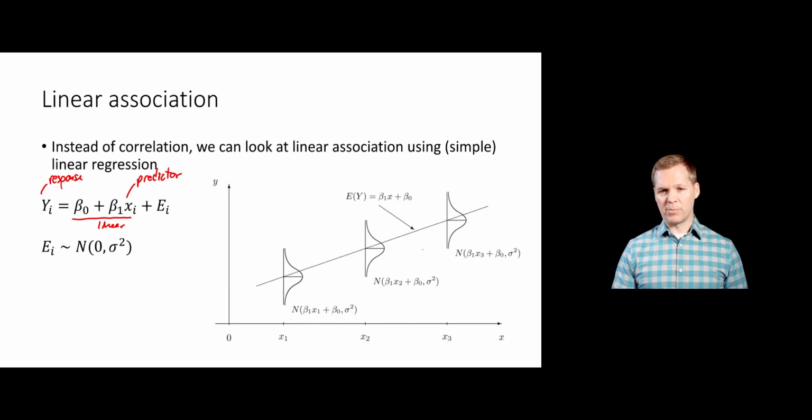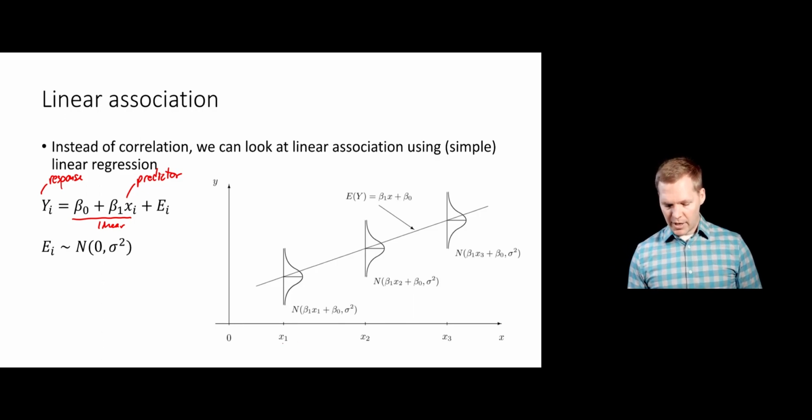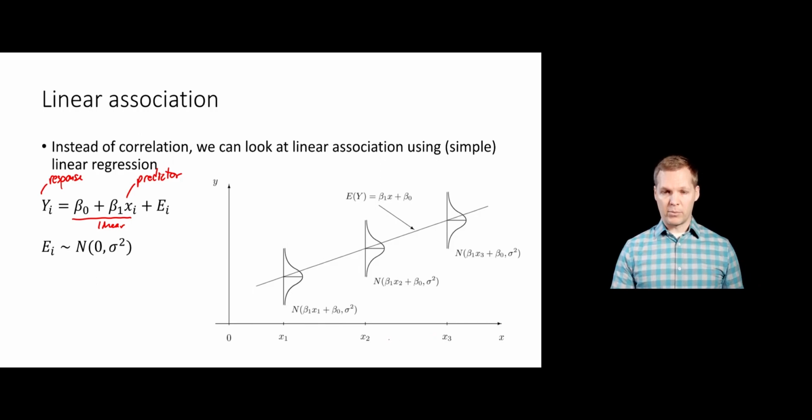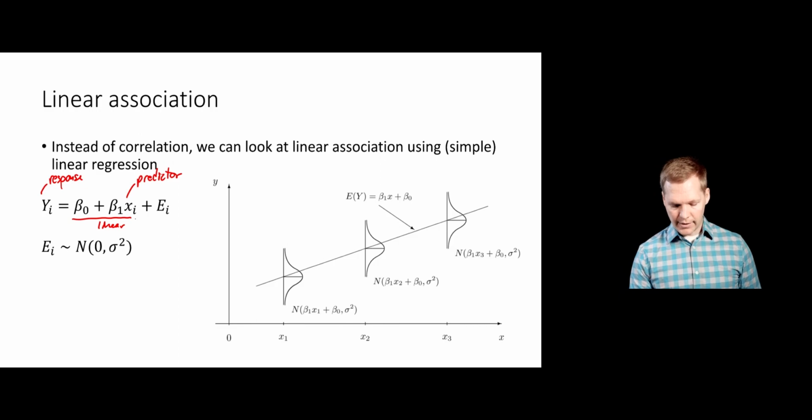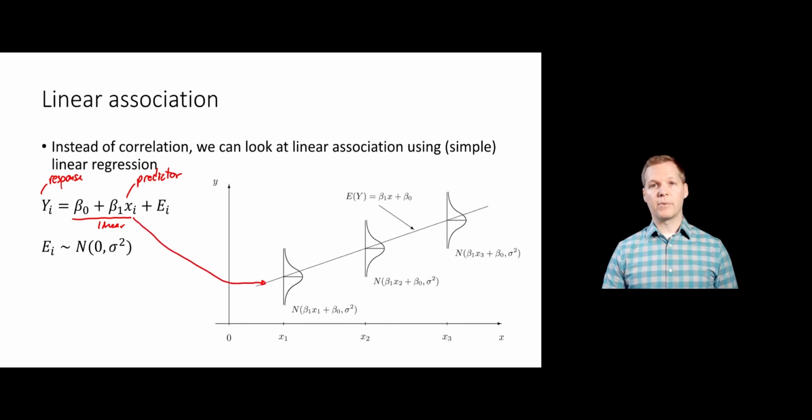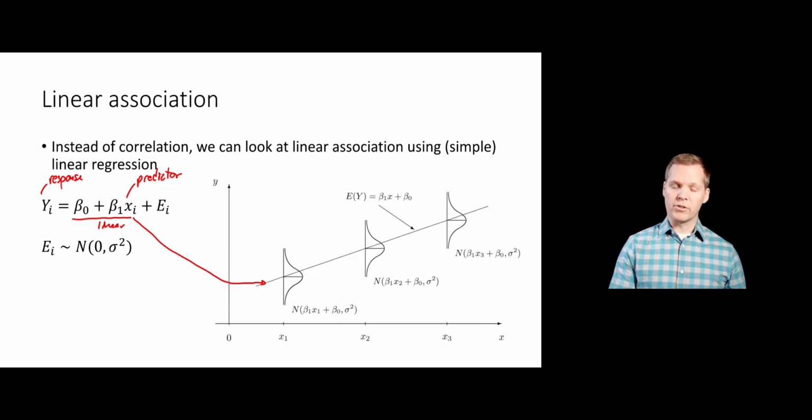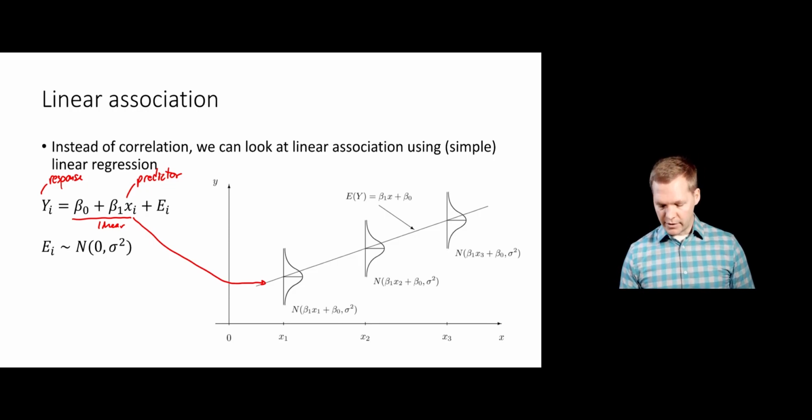And so a picture here might help a little bit. So down here we have our x variable, our predictor variable on the x-axis, and we have our y variable on the y-axis. What we're assuming is that there's some true line, so this beta naught plus beta 1x is representing this true line that we see, but we don't actually observe our values right on that line because there's variability in our data. And what we usually assume to do our tests is that there's going to be deviations.